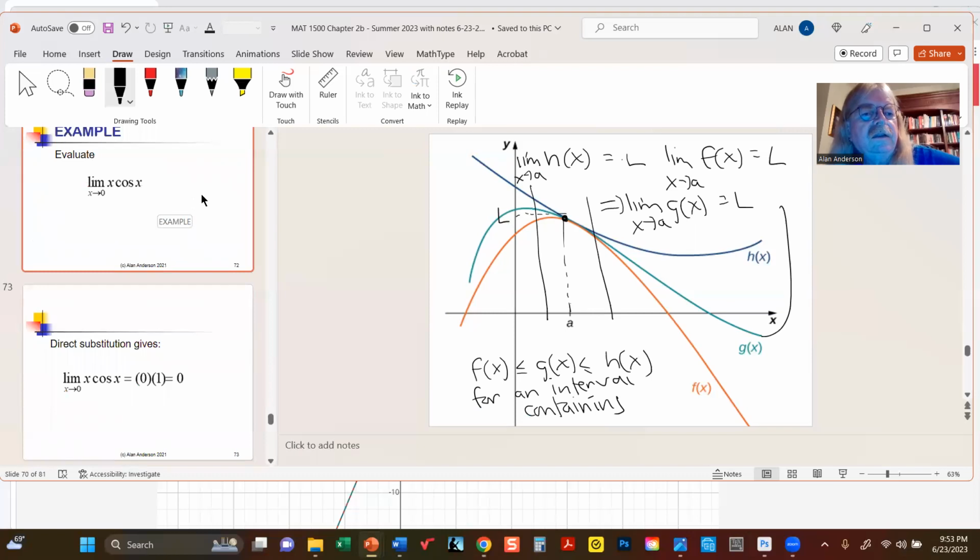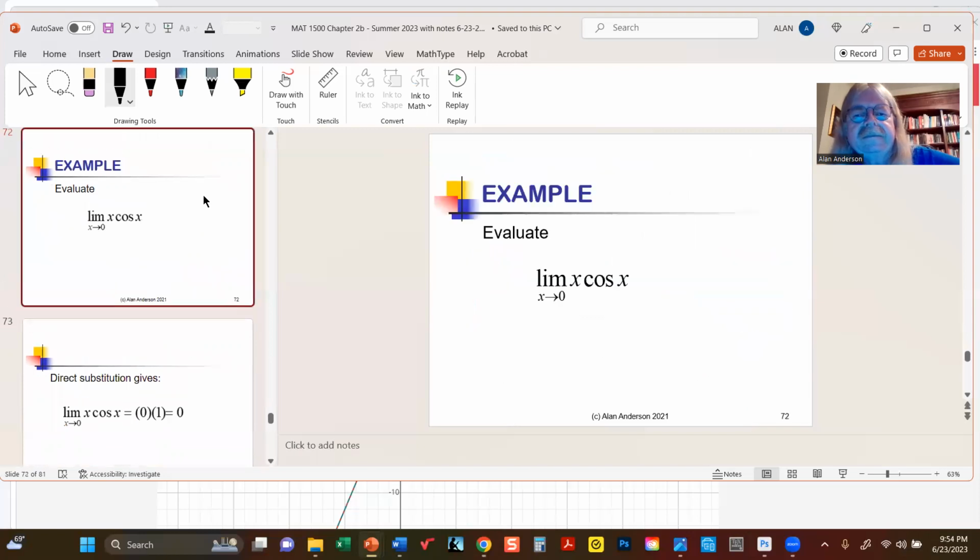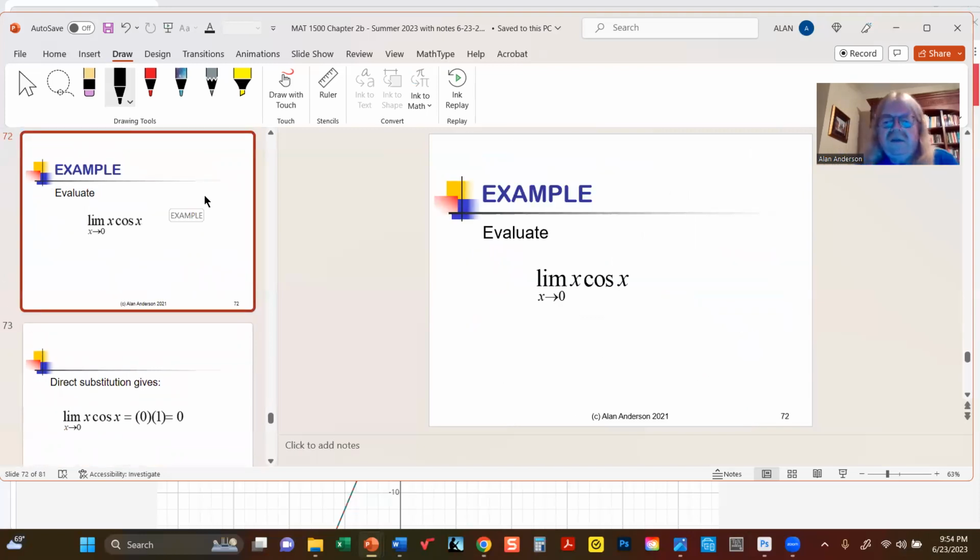All right, so now here's an interesting example. Evaluate the limit of x times the cosine of x. Well, it turns out that the cosine of 0 is 1. So that's going to leave us with 0.